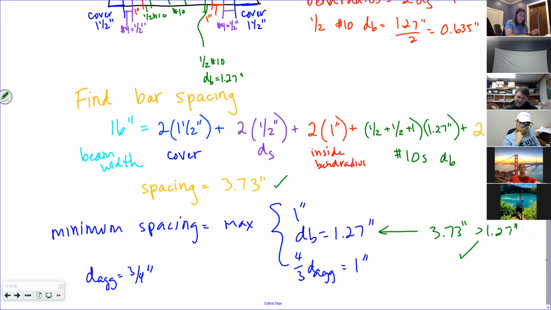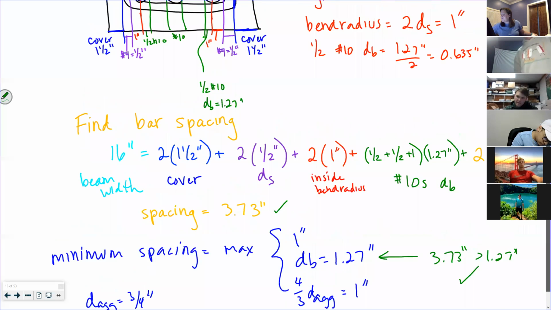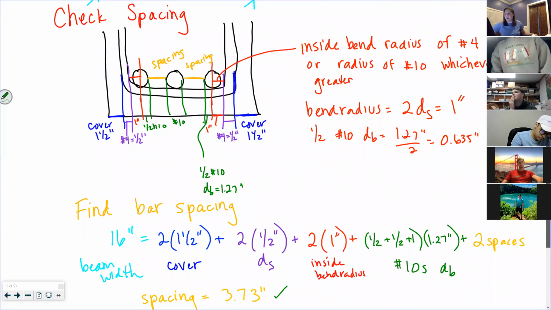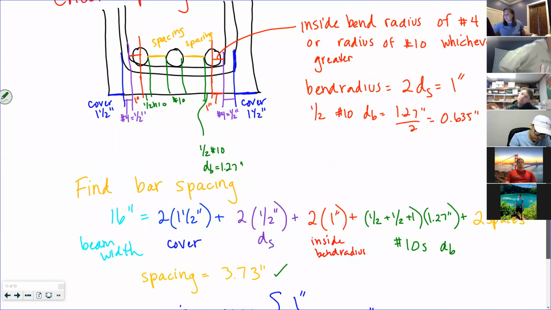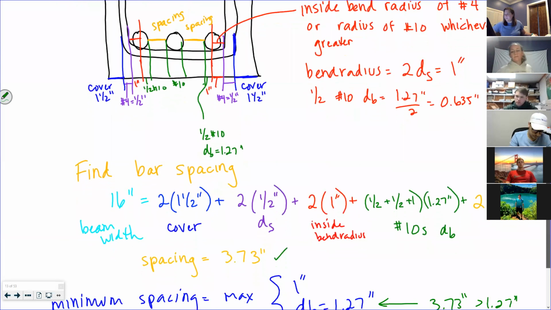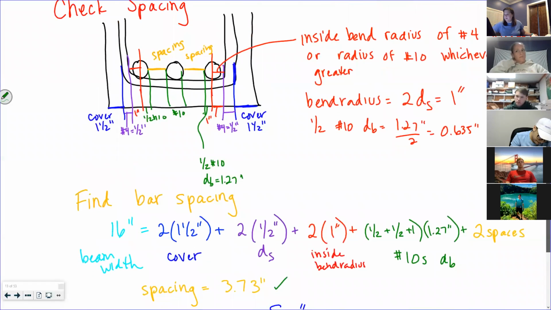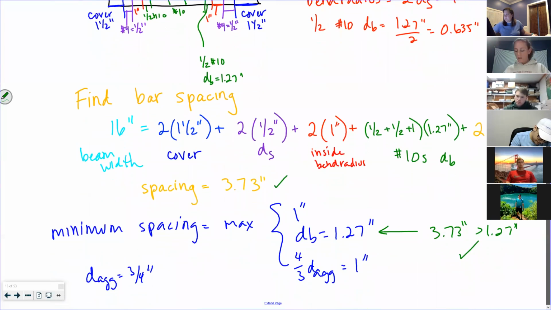Anybody have any questions about checking the spacing? It's really just a geometry problem, and drawing it out often helps. Hopefully the colors help too. As long as you're not colorblind, then I'm sorry.